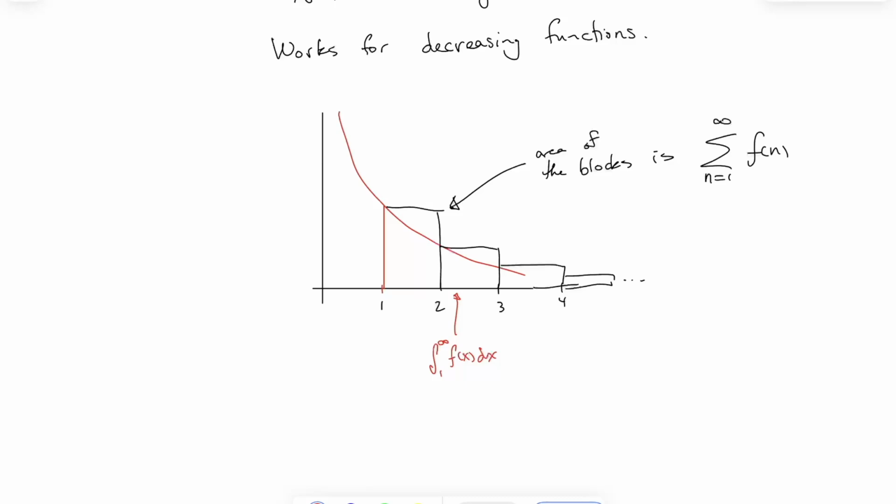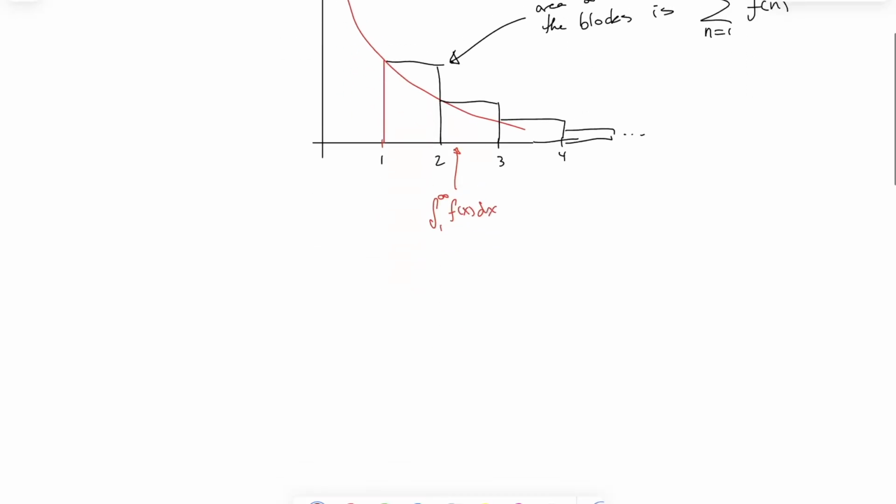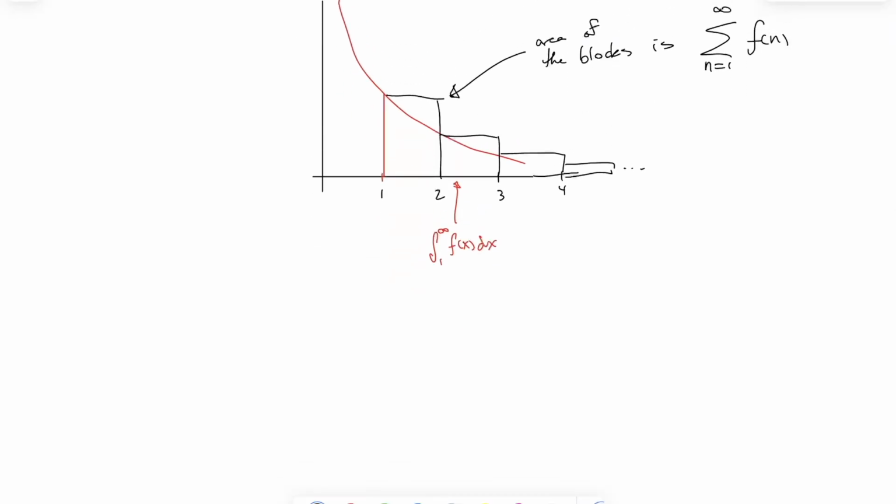All right? So now these are not equal. The area under the red curve is not equal to the area of those blocks. Actually, because the function is decreasing, the area under the curve is less than the area of the blocks. This is a fact, and it's not only true in my example here, but since f is decreasing, this will always be the case.